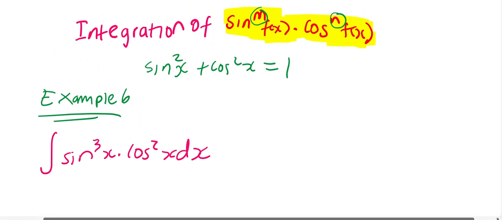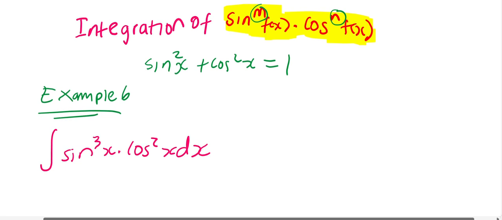Before we solve this, let's go back to the statement.